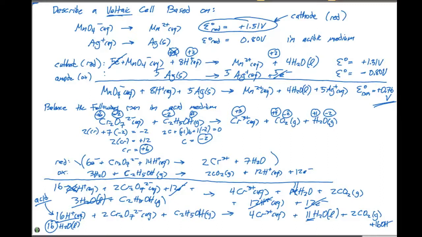So to balance this in basic solution, we're going to get the overall reaction that is 5 H2O as a liquid, plus 2 Cr2O7 2- in aqueous solution, plus C2H5OH as a gas, giving us 4 Cr3+ in aqueous solution, plus 2 CO2 as a gas, plus 16 OH- in aqueous solution.